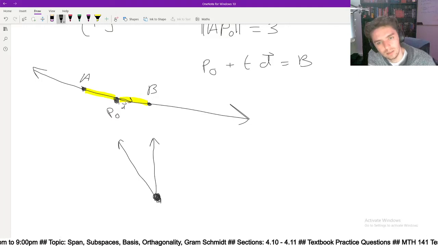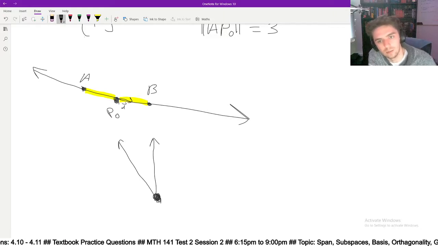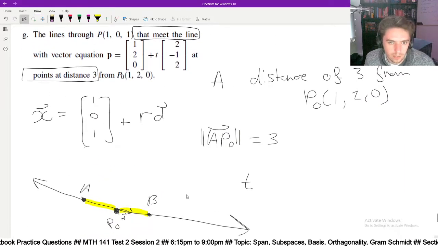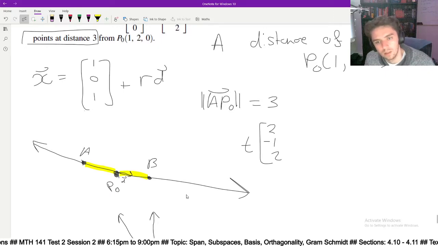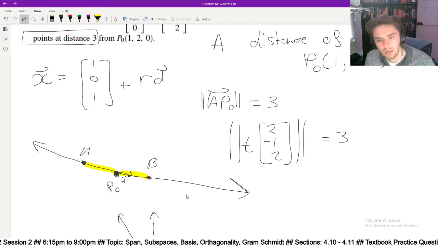We don't know T. Well, all we need to know, yeah, so what Jasper said is that T times the direction vector, 2, -1, 2, the magnitude of that is equal to 3.